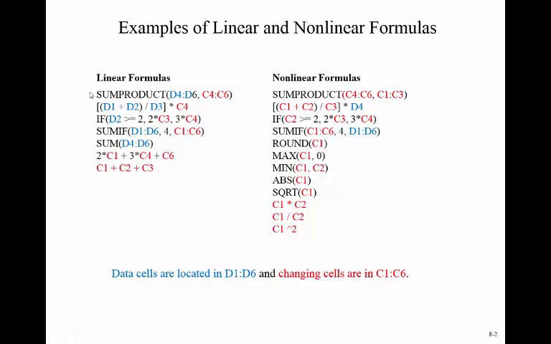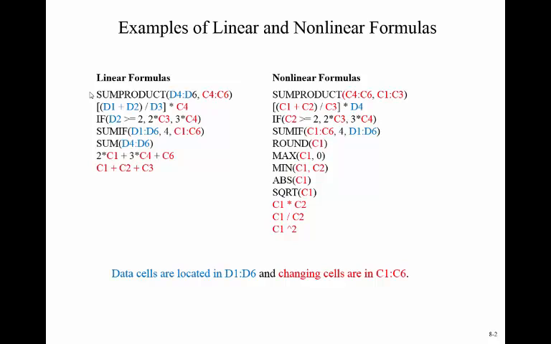We would say the SUMPRODUCT of the cost or the profit per unit times the number of units the model decides to produce, which is a pure algebraic representation, and in each case it's simply a data value times a changing variable.